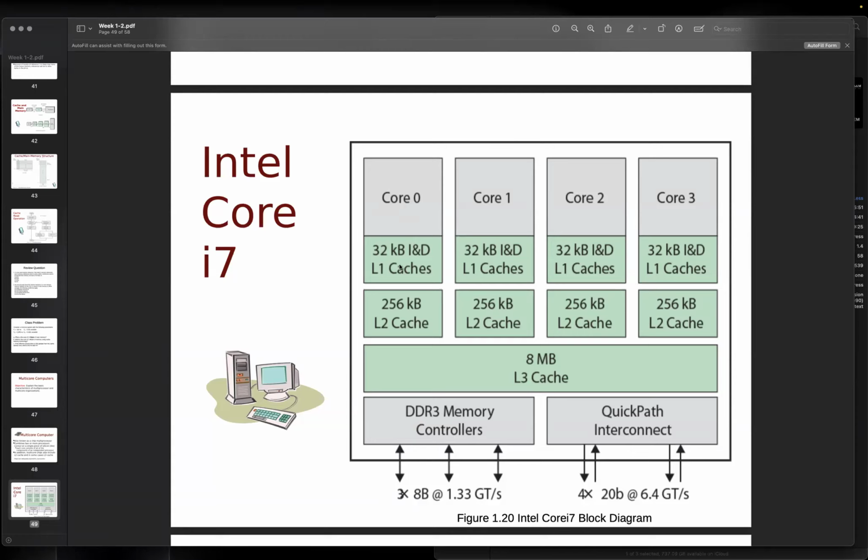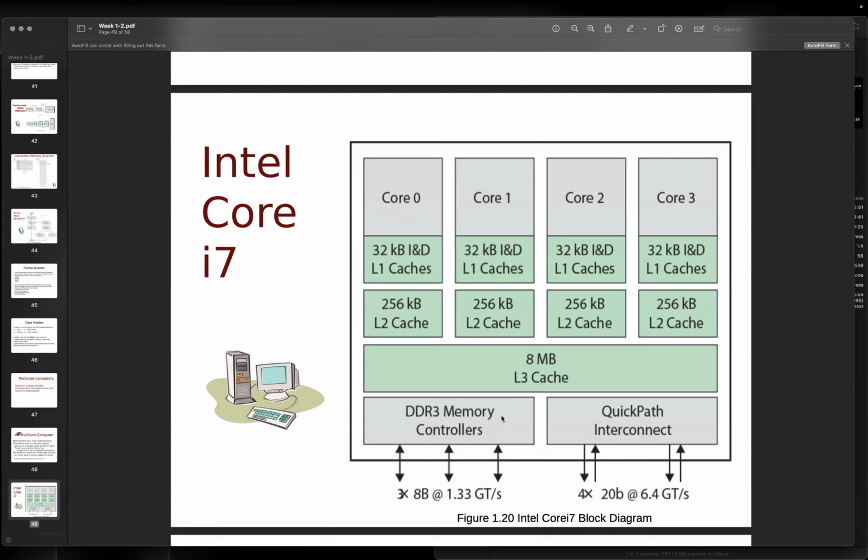You see right here I want 32 kilobytes, or 256. Then they will share a slightly larger L3 cache, and then they will have DDR3. Right here you see it's a DDR3 memory controller, but now they support DDR5.